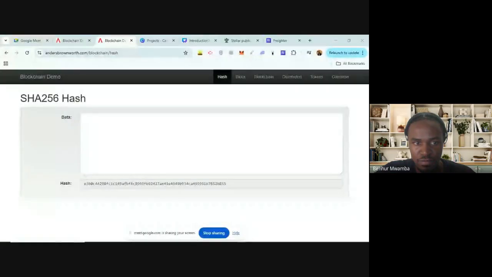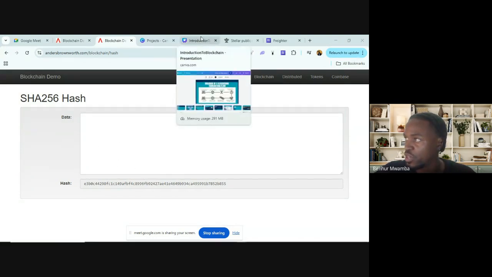So let me share my screen. Okay, let me show you a visual of how blockchain works.